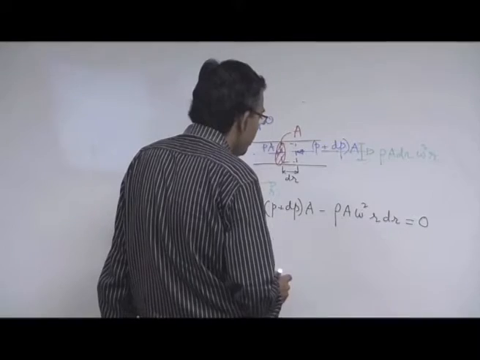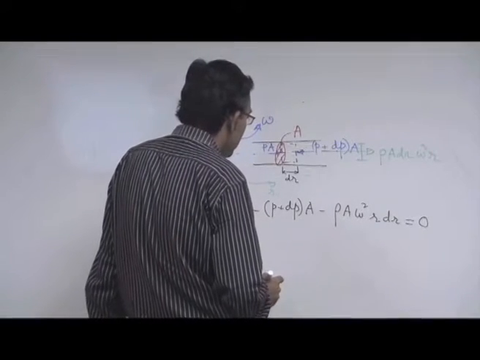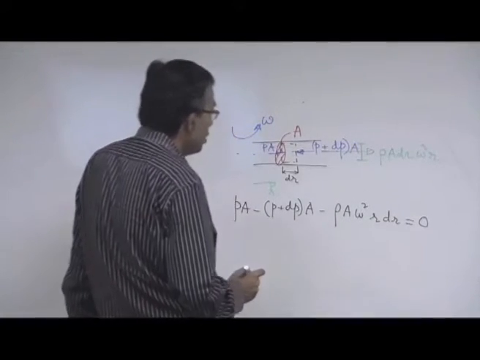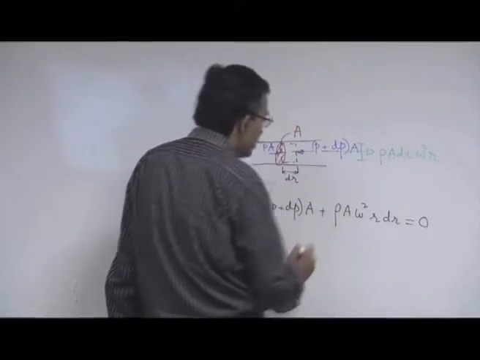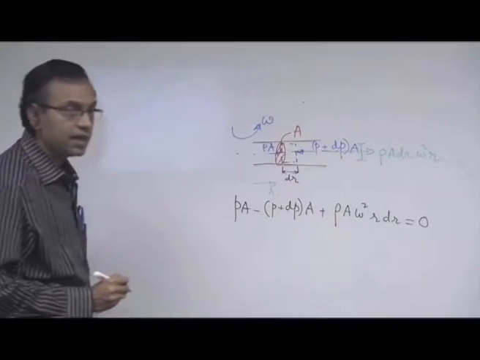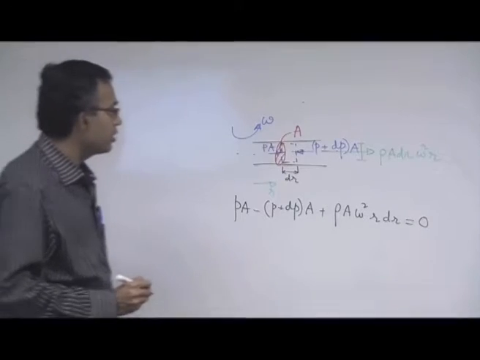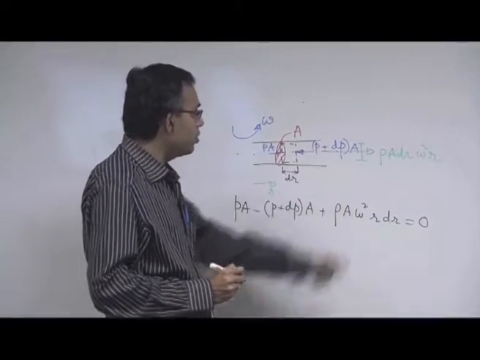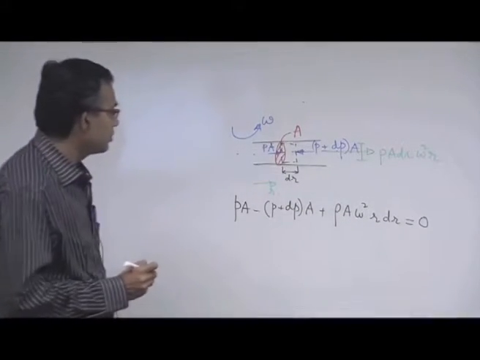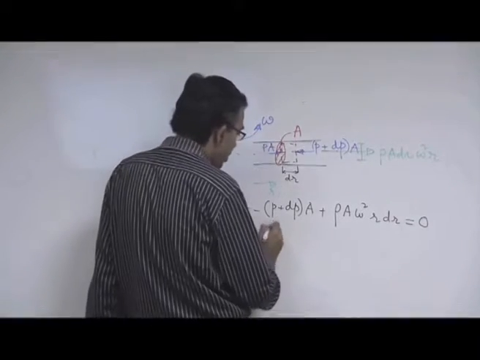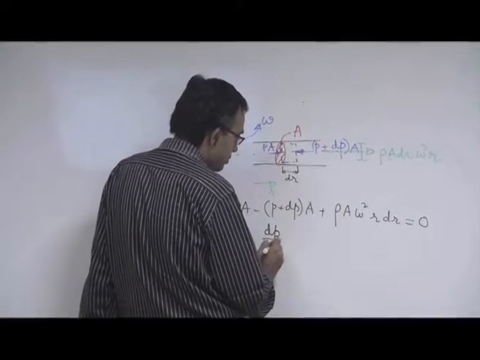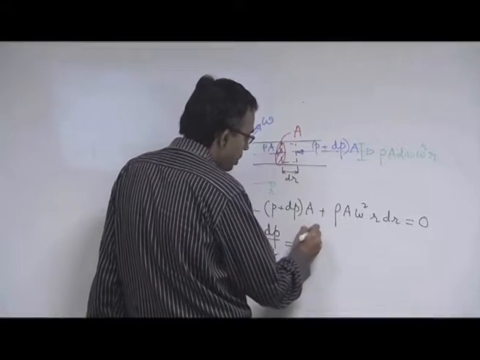So that means you have dP/dr is equal to rho omega square r.